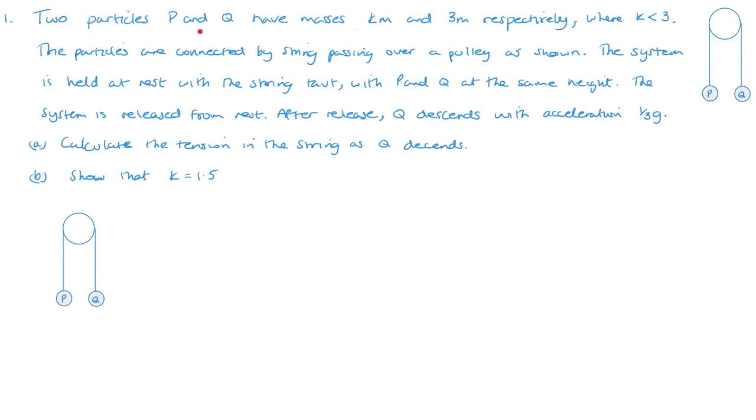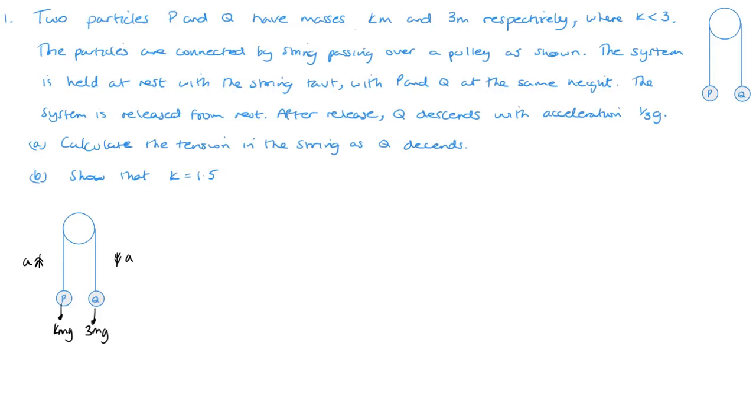So we have two particles P and Q of masses km and 3m. So P has kmg going down and Q is 3mg going down, and k is less than 3, so the acceleration is going to be in this direction.